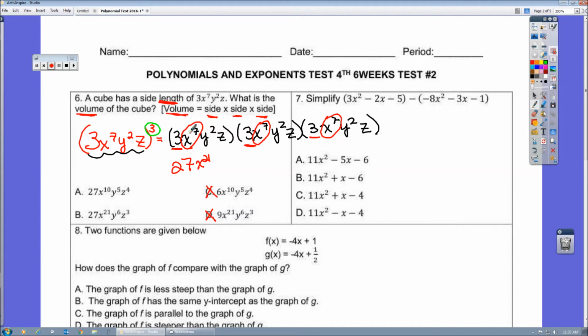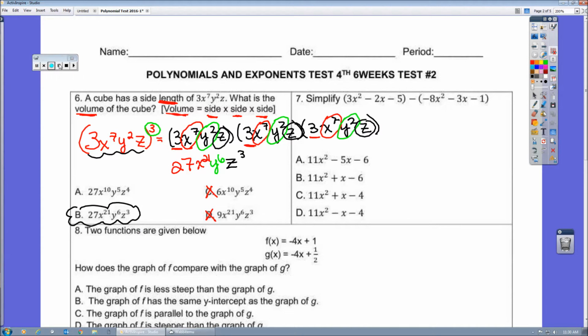Or in other words, we're just counting how many we have of each. We have 2 y's here, 2 there, and 2 more there, 2, 4, 6. So we have y to the 6th. And then look at your z. We have 1, 2, 3 z's. So we'll match that up, and it looks like our answer is B.